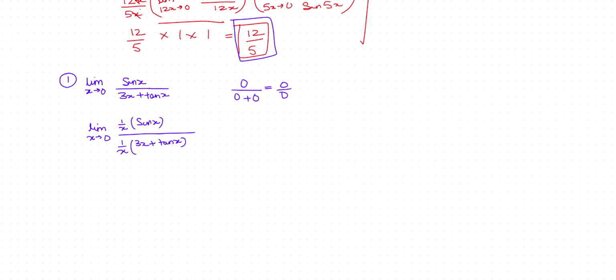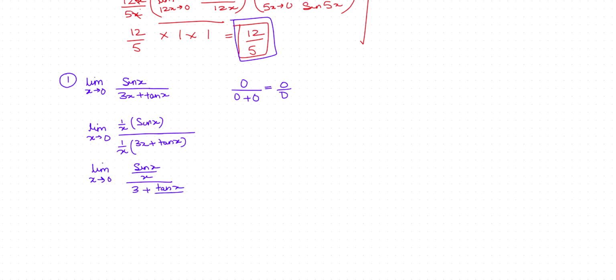Now let's use the property of limits and simplify this. So first we'll just use sine of x over x, and this gives 3 plus tangent x over x.